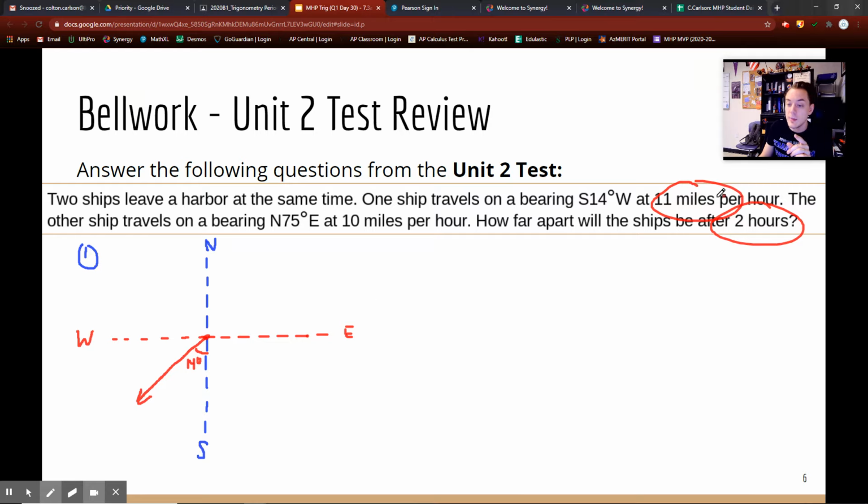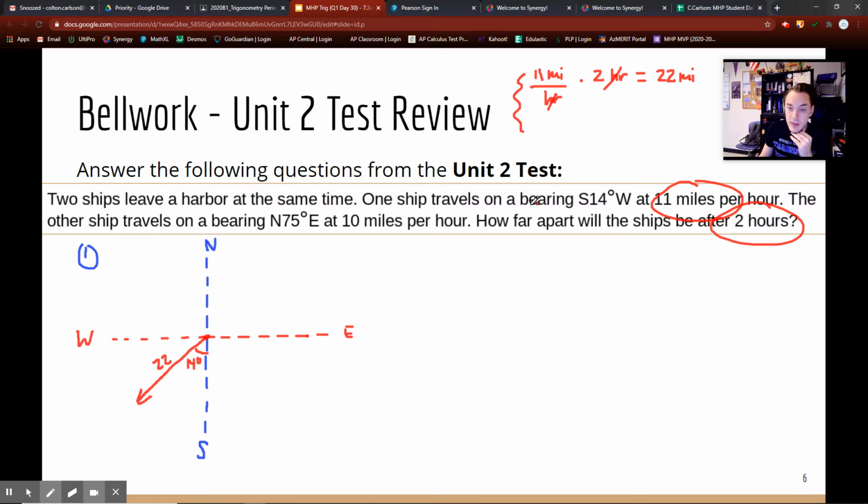Before we get to the other ship, I need to transfer this 11 miles per hour, and I need to multiply that by 2 hours. The hours go poofy, and now I get miles, which is what I want. So that means this is 22 miles. So this right here is 22 miles there.